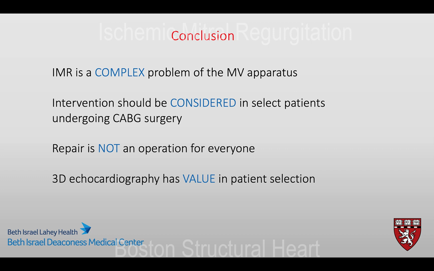Just to finally look at some future studies in this area, we at Beth Israel Deaconess are very interested in trying to figure out if we can somehow identify patients who might be at future risk of regurgitation, and if early intervention might be an option in these patients.